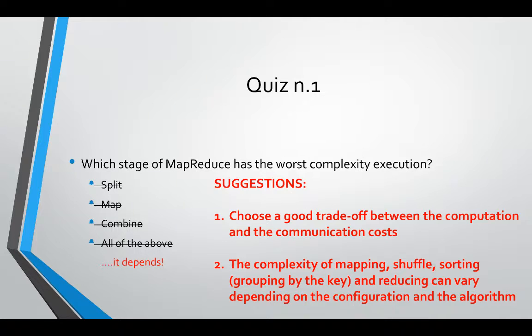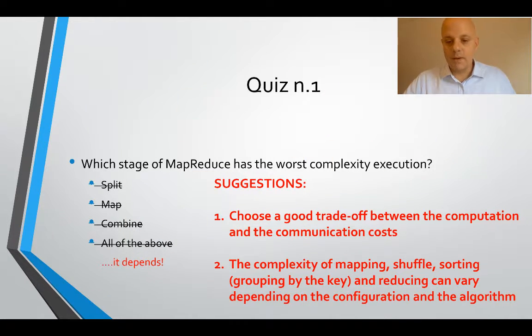So the answer is, well, it depends. This is because everything depends on how we create the algorithm to implement the MapReduce functions. My suggestion is to choose a good trade-off between the computation and the communication cost. We have seen that if we have the cloud as a file system, the problem of this solution is the communication.